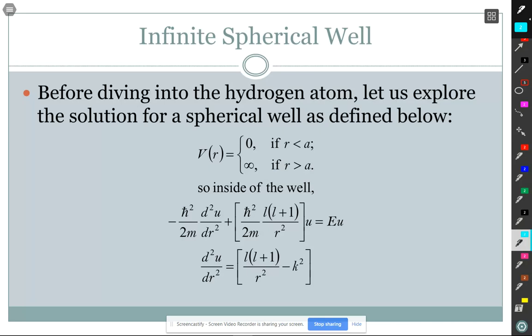So if we use this, then inside the well, V is 0, and so we just have this for the Schrodinger equation, just set the V part equal to 0. And this K here is taking the energy E and combining it with 2m over h bar squared, so that you can make it a simple thing. And since it's k squared, then k is the square root of 2mE over h bar squared.